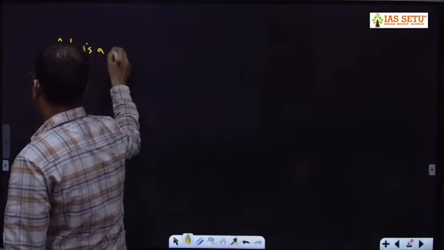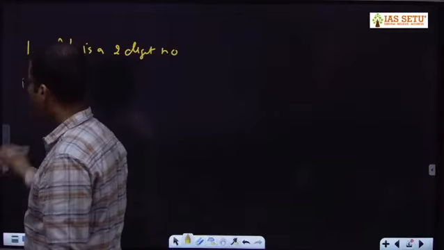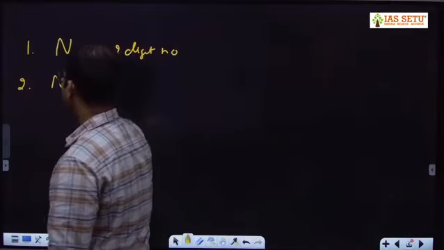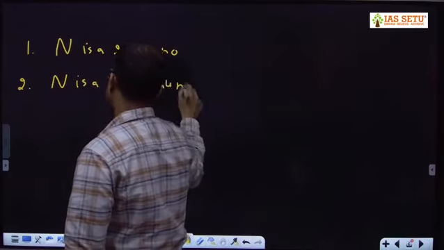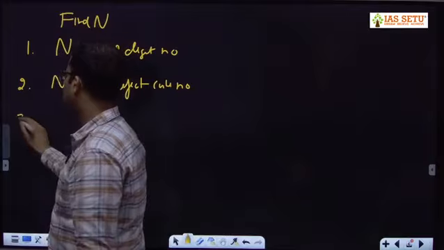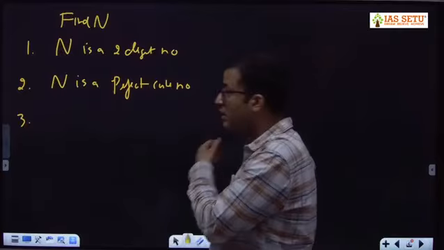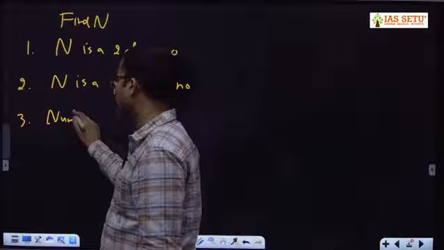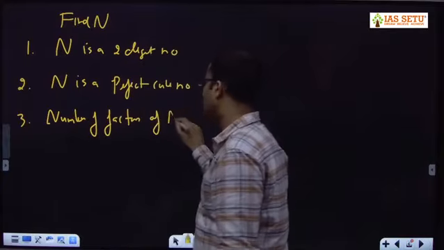Like if I say n is a two-digit number, n is a perfect cube number, and the number of factors of n is odd. My question is, find n.